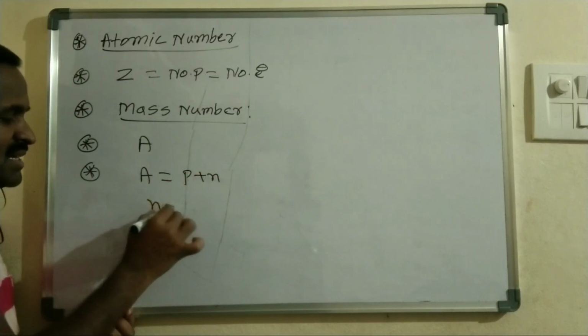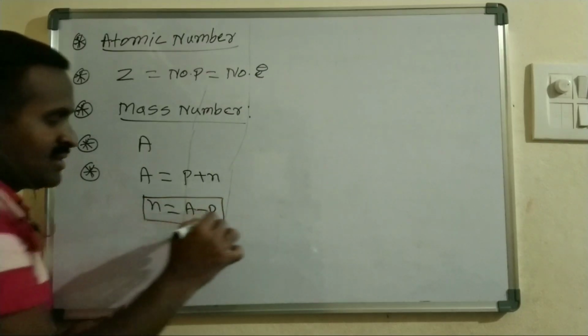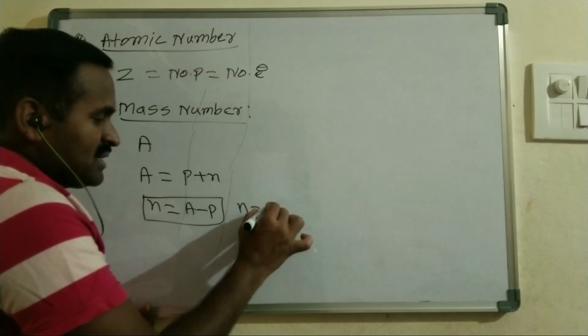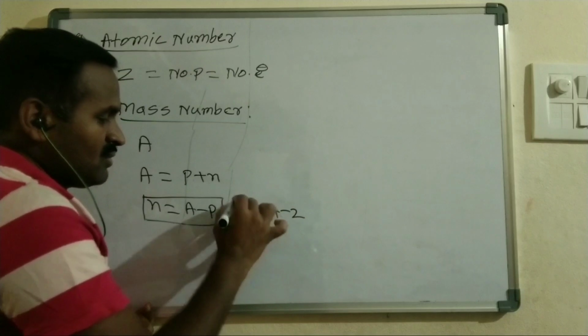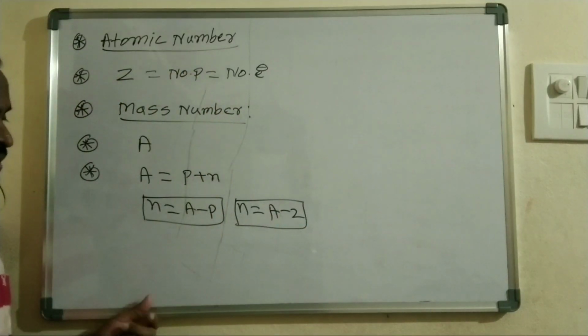From this I can write N is equal to A minus P, or we can even write N is equal to A minus Z also. Why? Because the number of protons is equal to the atomic number.